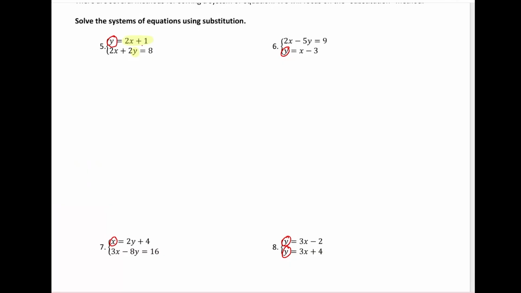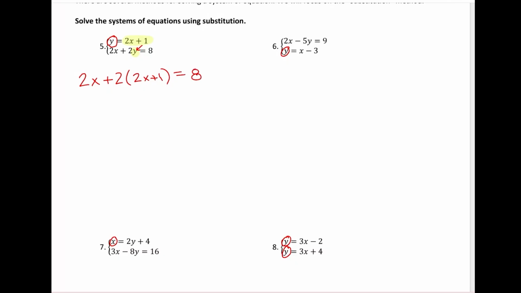So this 2x plus 1, we're going to put right there. And then you'll have just a single equation with a single variable. We'll have 2x plus 2 times y, but I'm not going to write y because I'm going to substitute that y with 2x plus 1 equals 8.